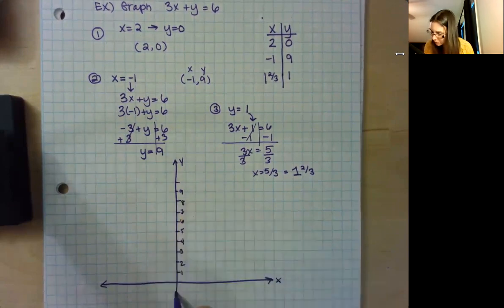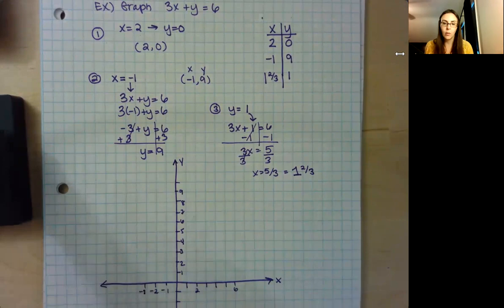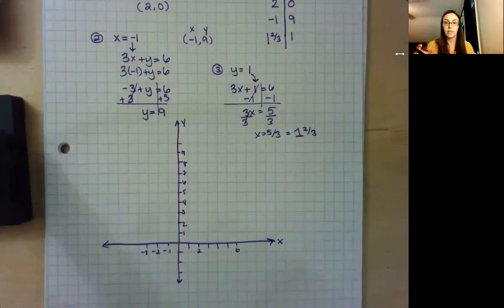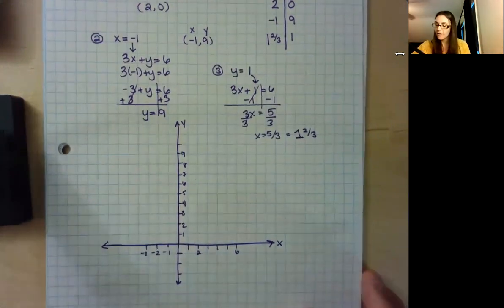And then obviously I have my negatives going down. And then I have 1 and 2, 3, 4, 5, 6, and so on. And you can kind of notice that I'm just filling in a couple points here. I don't really need to fill in every single value once I get comfortable graphing, but I need enough to know my scaling.